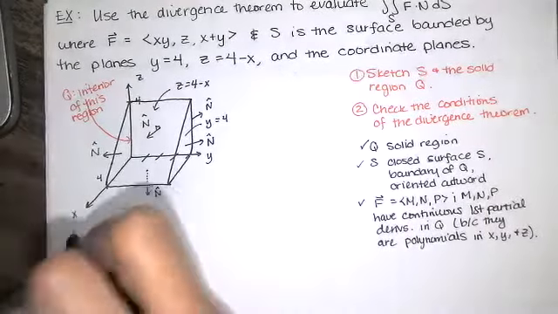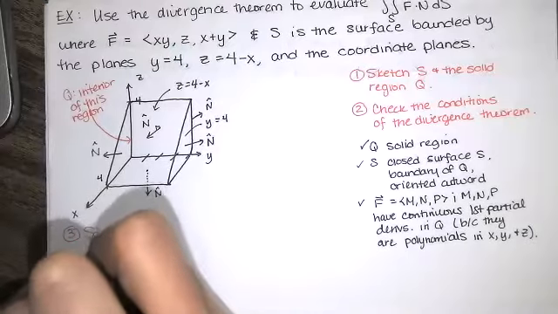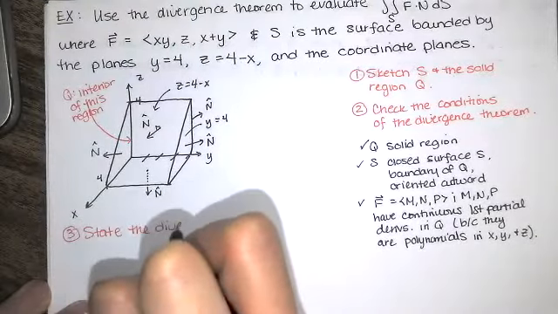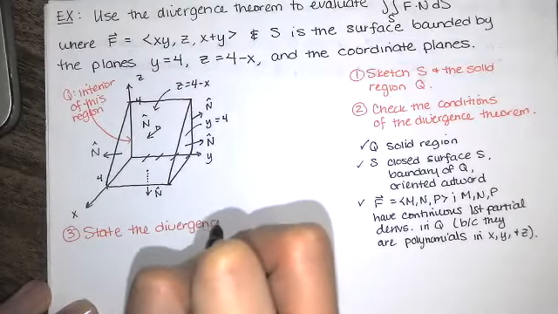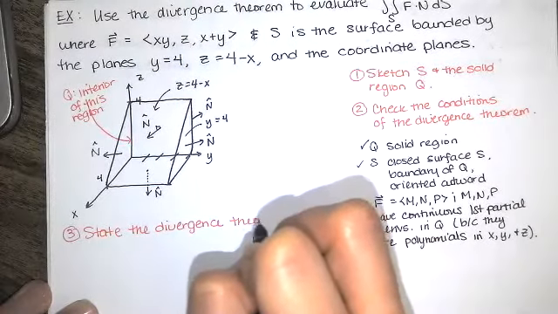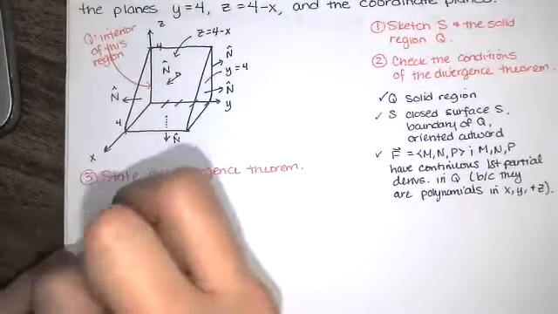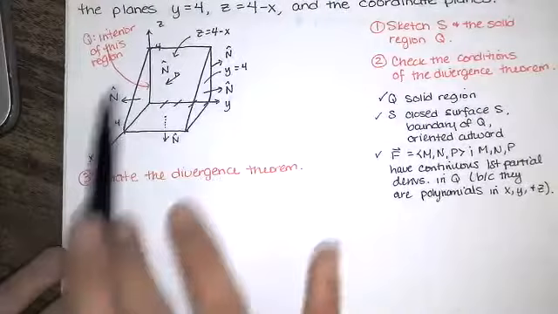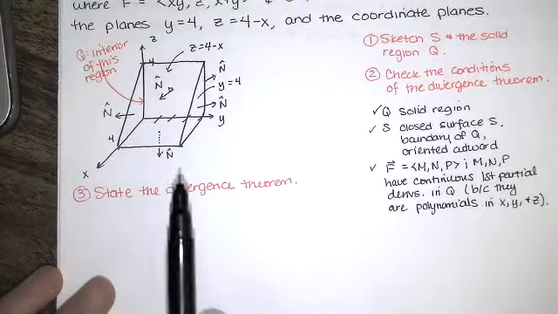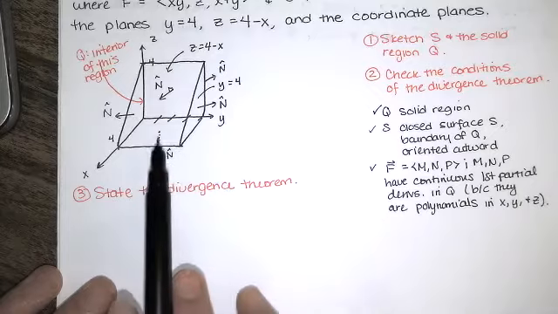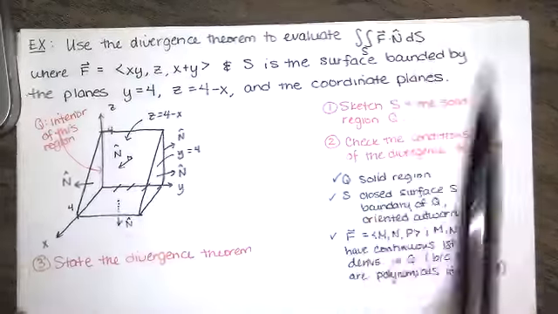So now we'll just state the divergence theorem. And then we'll set up and evaluate that triple integral. And remember all the work that you're getting to avoid here. We would have to do 5 different surface integrals for this and then add them together.